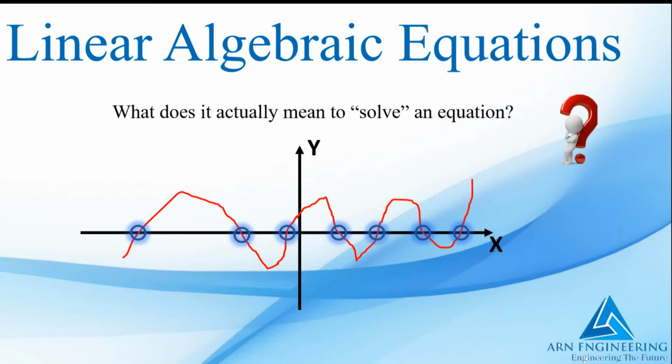If we closely have a look at those areas, basically at any point where the graph or the equation intercepts the x-axis, the y value will automatically become 0, and we can call those x values the solution to that equation.